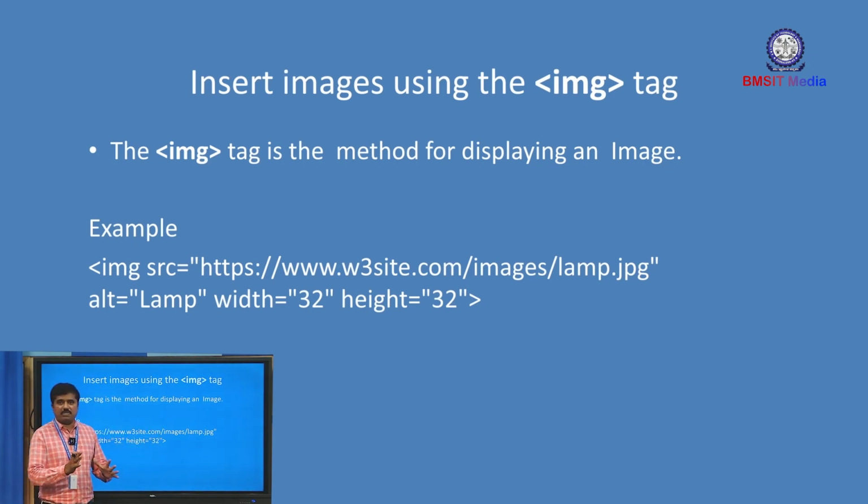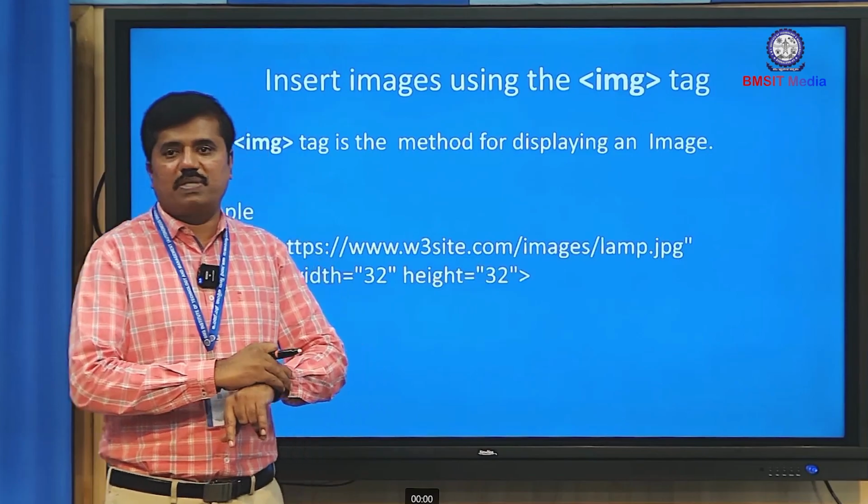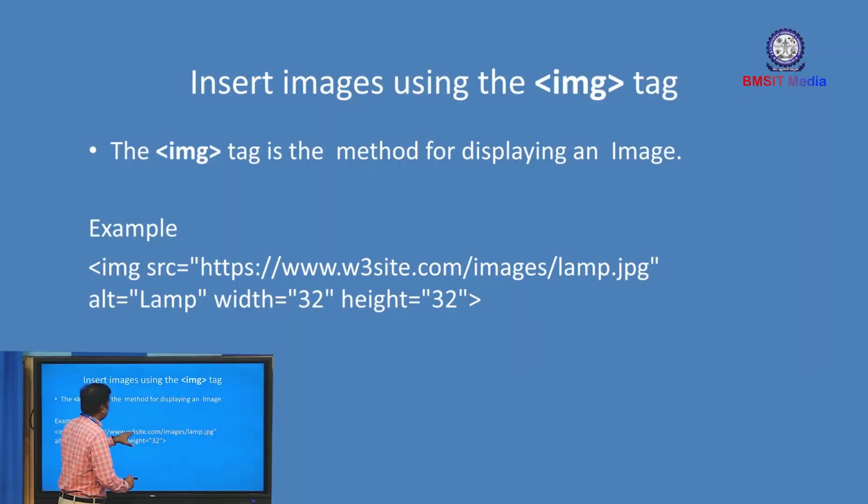.com, commercial websites, .edu, education website, .org, organizational website. So I visited one of the websites by the name w3site.com, and I will get the image by the file name lamp.jpg. If that image is unable to load, ALT means alternatively, it displays lamp. For example, if the lamp picture is unable to load due to a very slow network, or it might not be on the server, then it will display a text, lamp.